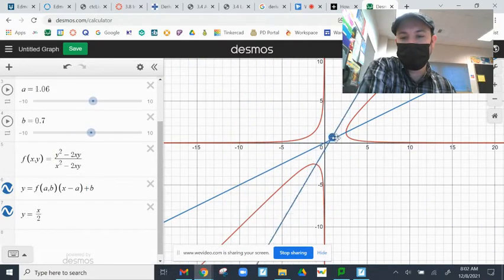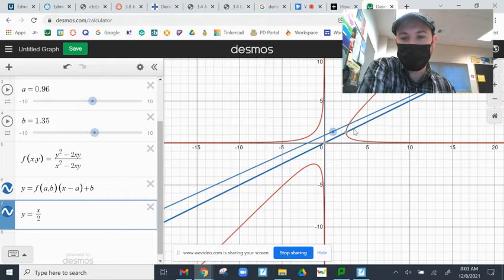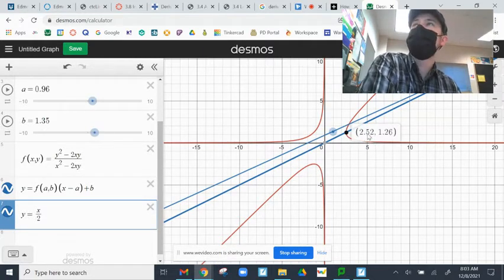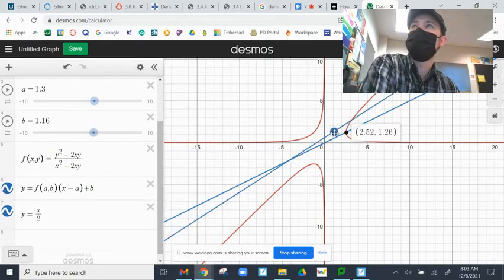The only place where it's really clearly defined is right there. I don't know if the x value is actually 2.5 or not. Maybe I could find the intersection. There we go, 2.5. So I don't actually know. That could be oversimplified rounding. I don't know what that point is exactly, and now I'm really curious.